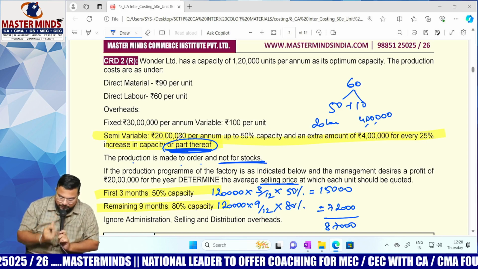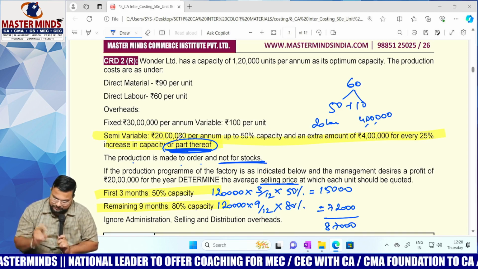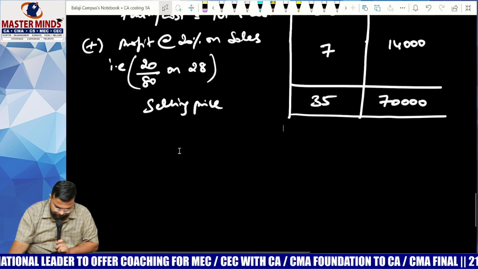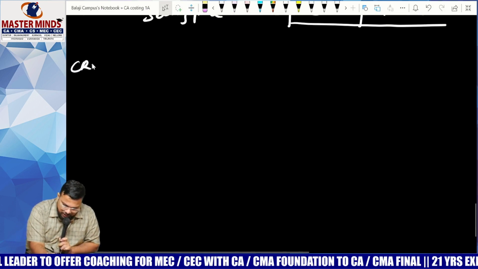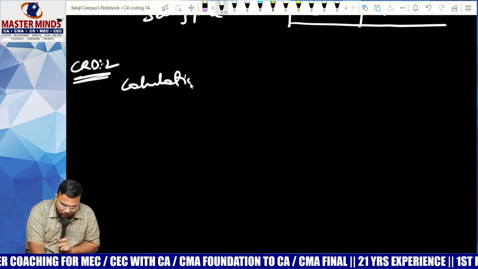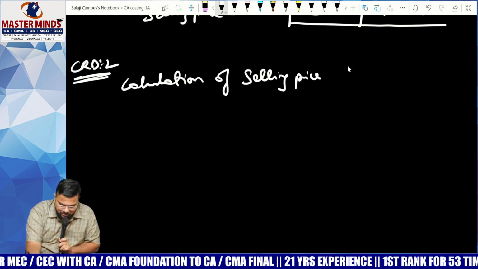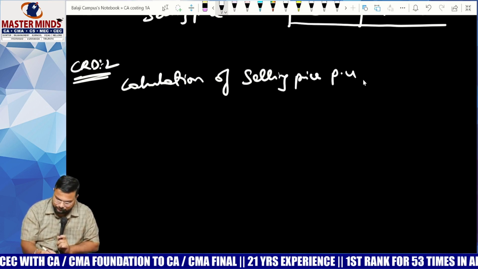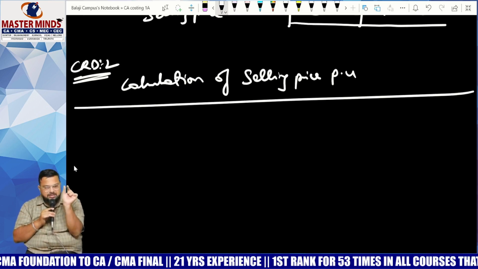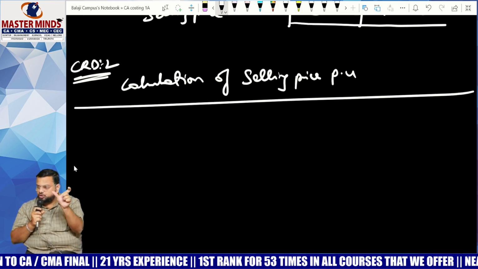Calculation of selling price per unit. When it comes to 3 months and 9 months, Nana, give a sufficient amount of width. For particulars, no need to show a huge amount of width, Nana.